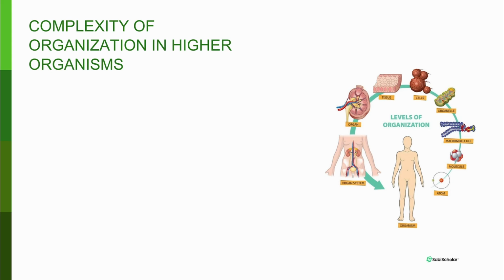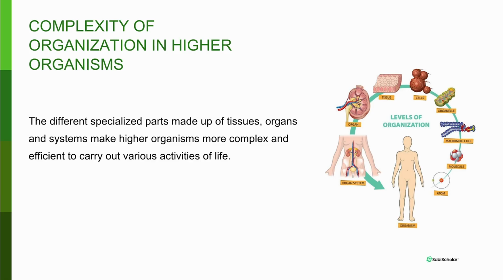Now, there are complexities that exist in this organization of life, especially for higher organisms. Unlike unicellular organisms that just exist as cells, higher organisms have bodies that are differentiated into specialized parts that perform specific functions. These different specialized parts are made up of the tissues, organs, and systems that we just looked at.